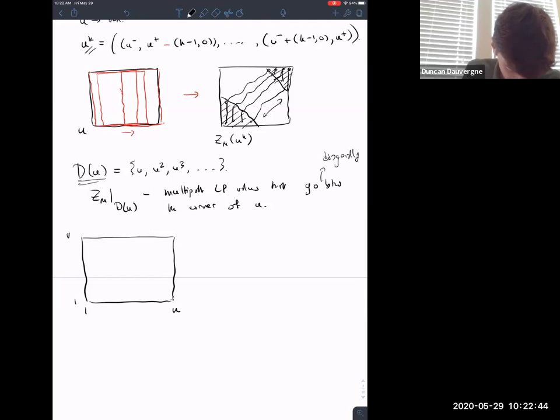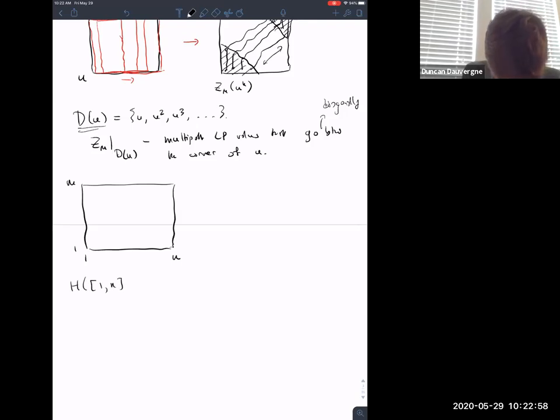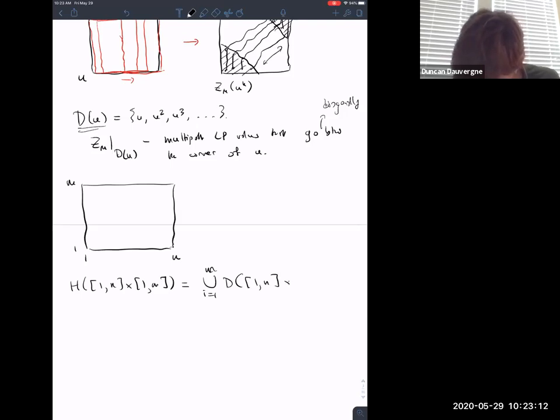I'm going to define RSK from my point of view on an n by m box. I'll define two more sets of endpoints. I'm going to say that H of 1^n cross 1^m is the union from i equals 1 to m of D of 1^n cross 1^i. So these are all these diagonal multipaths that go like this.